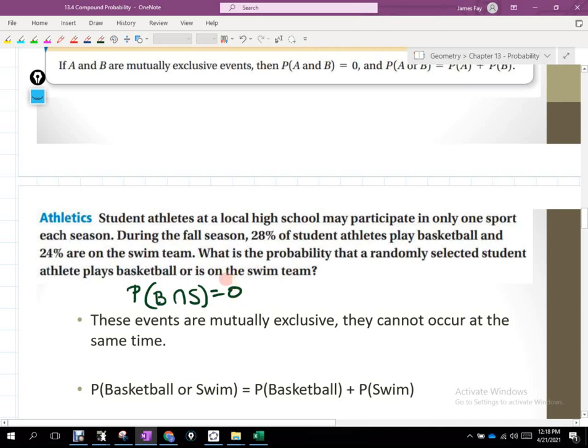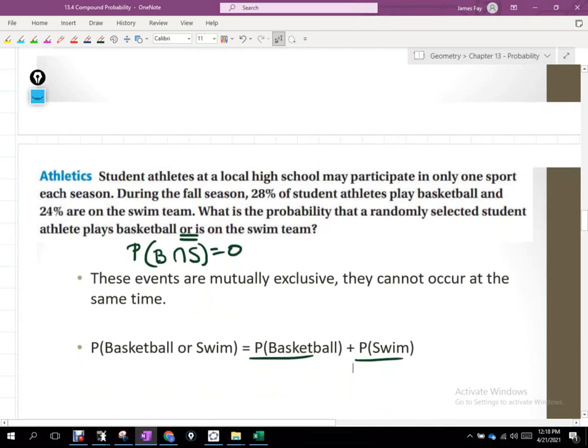So to answer the question, what is the probability that a randomly selected student plays basketball or is on the swim team, all we have to do is say the probability of basketball or swim is the probability of basketball plus the probability of swim. Which is ultimately creating a larger numerator, a larger number of favorable outcomes. So what's the probability of basketball?